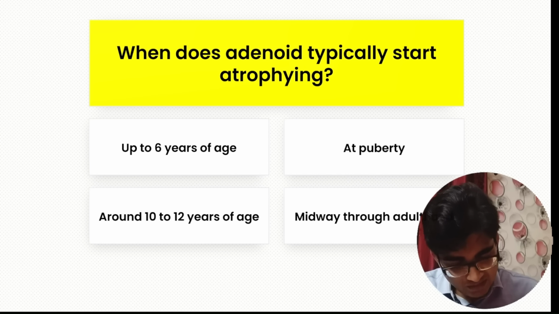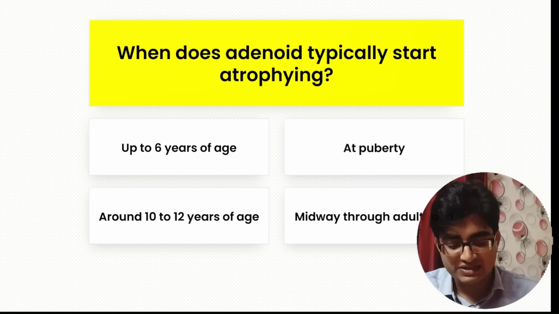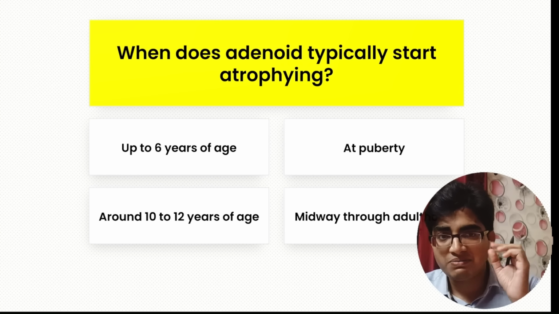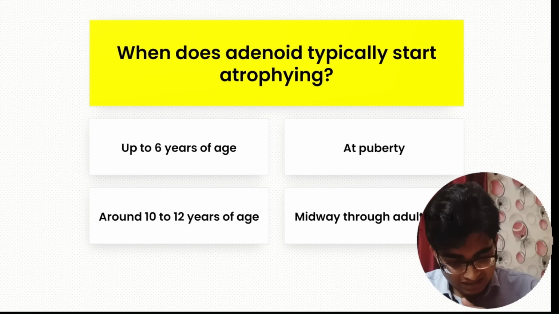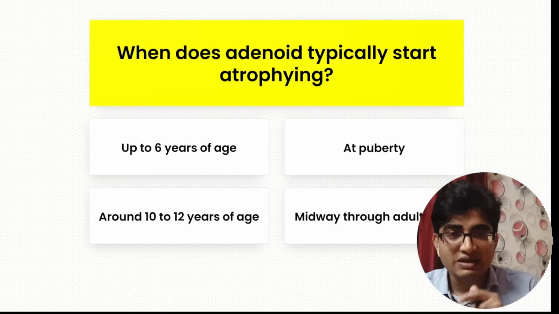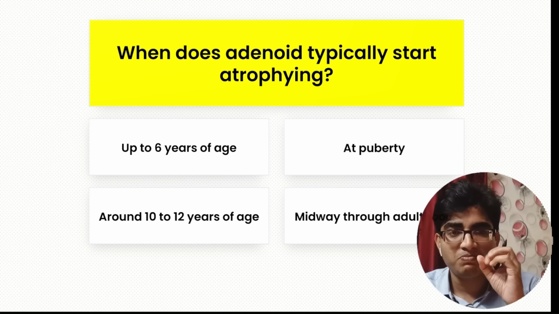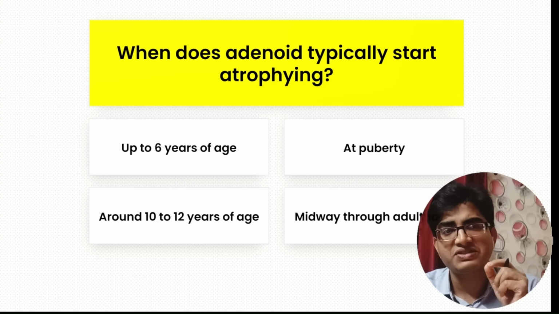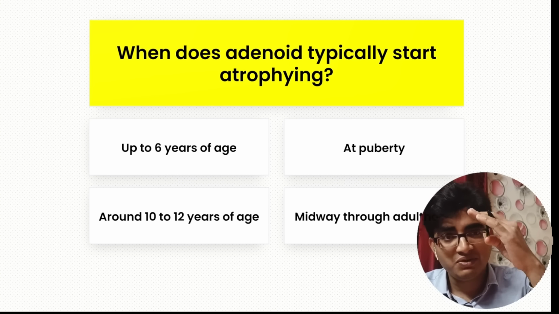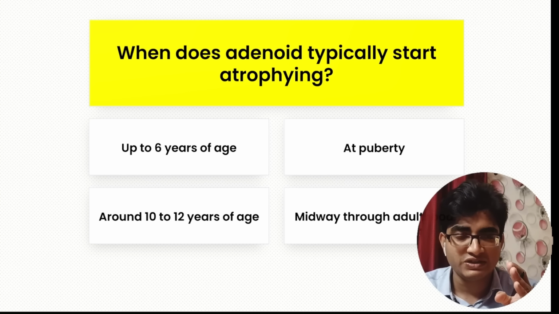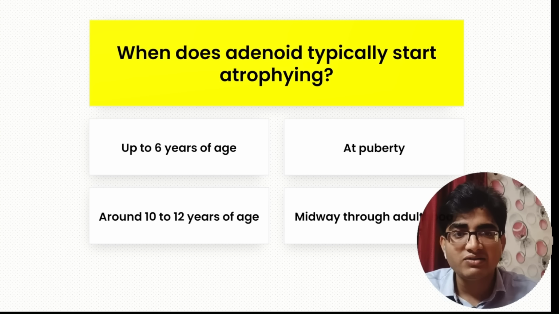Next. When does the adenoid typically start atrophying? I had told you in my previous video on this topic that the adenoid is tonsillar tissue present in the posterior superior part of the nasopharynx, in between the roof and the posterior pharyngeal wall. At the junction of those two, there is the adenoid tissue.